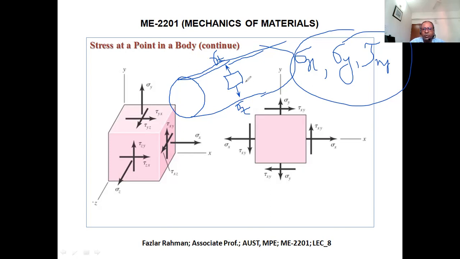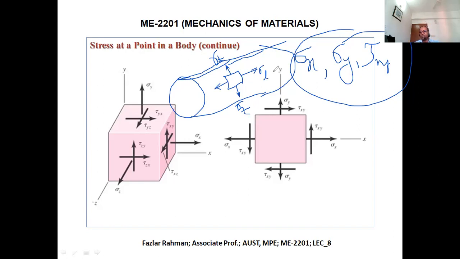Now, along the longitudinal direction, what will be right over here? It depends on sigma L. So along this direction, sigma L, along this direction, there will be sigma L. So let me write down, this is sigma L. Still, it is balanced.